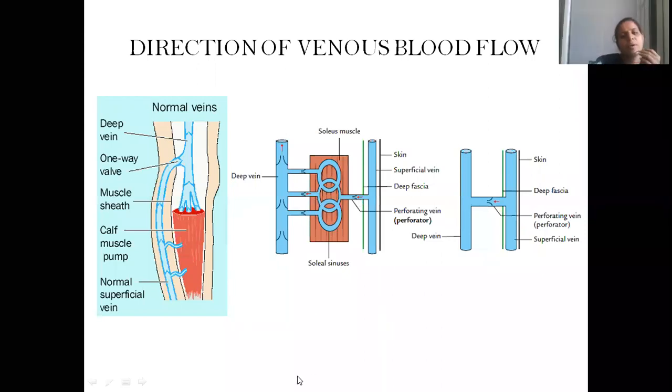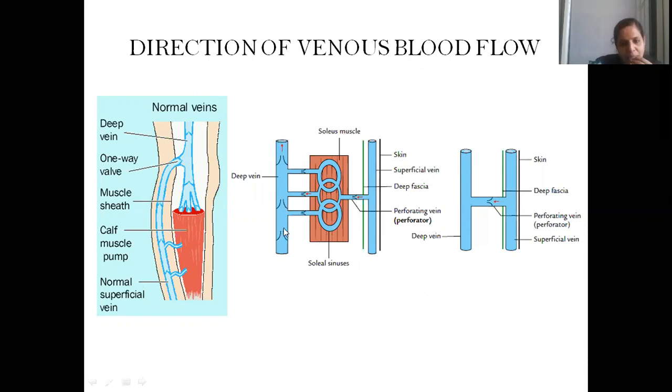Okay, now when you see so many perforating veins, actually the pumping effect of the muscles will facilitate the flow. The students who have studied physiology with me, when we studied venous return in the cardiovascular system, I told you the muscle acts as a pump, the muscle pump, which helps in pumping the blood back towards the heart.